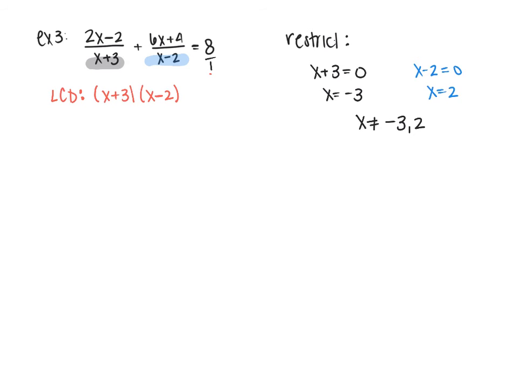So there's my LCD. Now in the last one, I saw that once I find it, my second step is to multiply the LCD by every single thing. So here's my original problem. So my second step says multiply the LCD by every single thing.